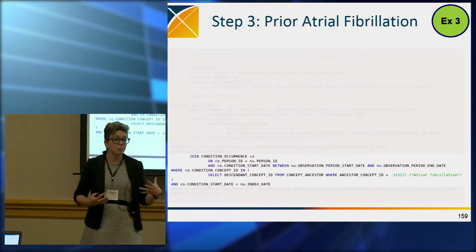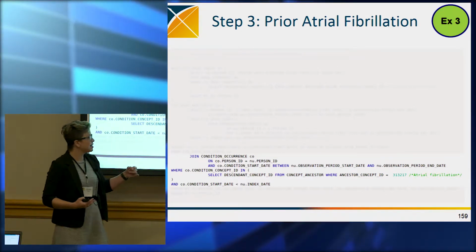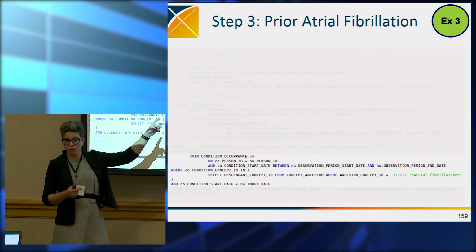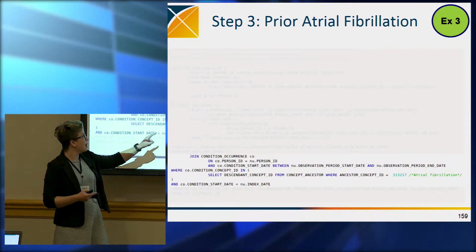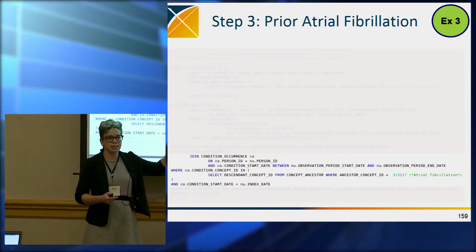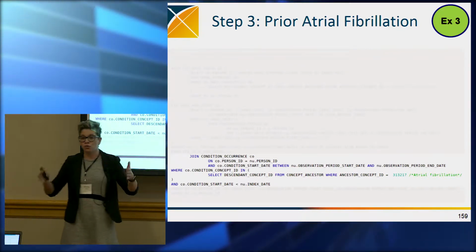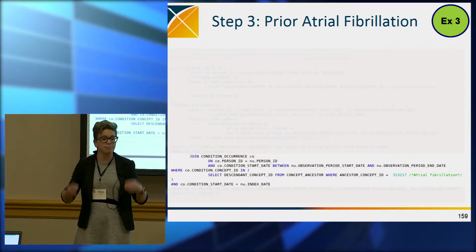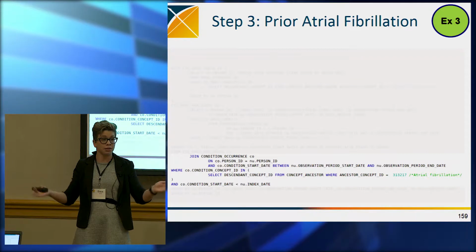So in this example here, what I've done is I've actually said, just like we did with the drug exposure and looking for observation period, I'm saying I want a condition that's in that same observation period. So for this patient, I'm going to stick to the observation period time and basically say that's the only thing I know about that patient.